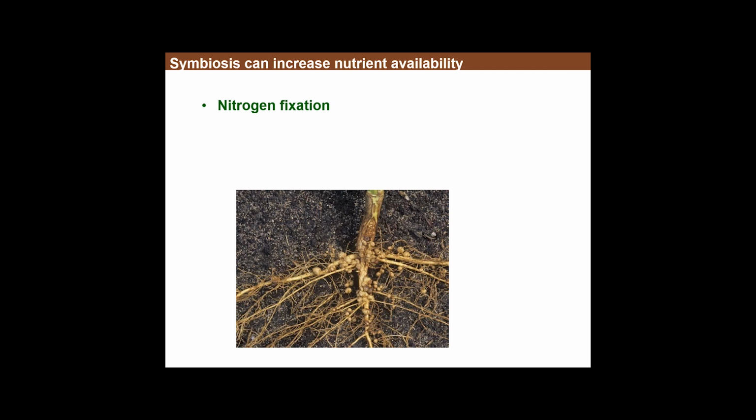Symbiosis with other organisms, microorganisms, can also increase nutrient availability. This slide's focusing on nitrogen fixation. You can see all the nodules in the roots of this legume. These nodules contain nitrogen-fixing microorganisms that are able to convert nitrogen gas into ammonia, which is a plant-available form of nitrogen.